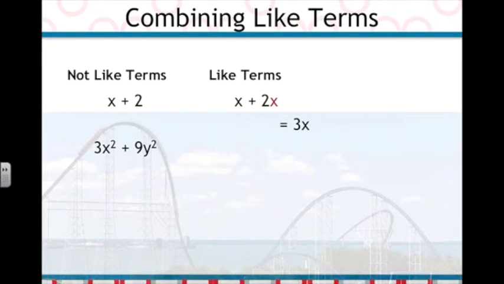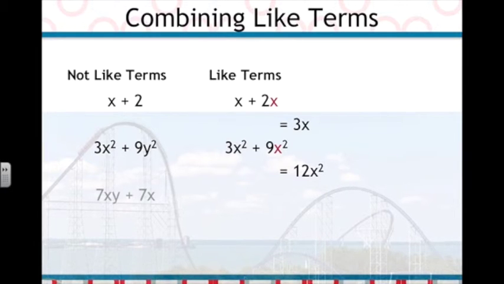Next, we can see that 3x squared and 9y squared have different variables, x and y, so we can't combine them. In the second pair, however, both terms have x squared, 3x squared and 9x squared, so we can combine them. 3x squared plus 9x squared equals 12x squared.